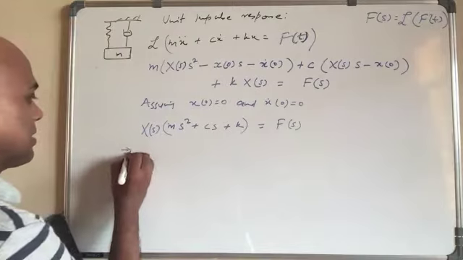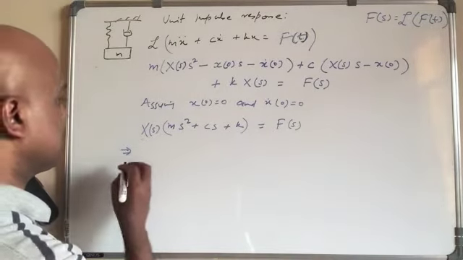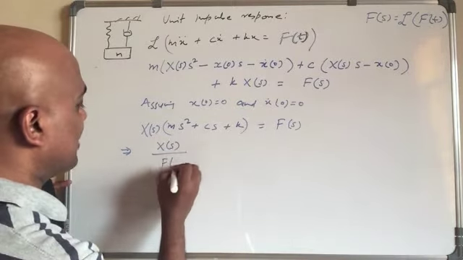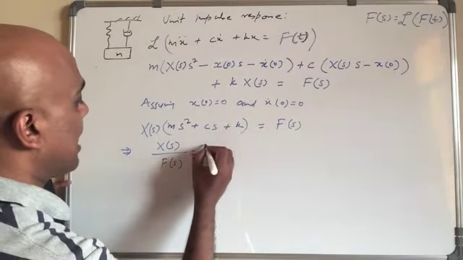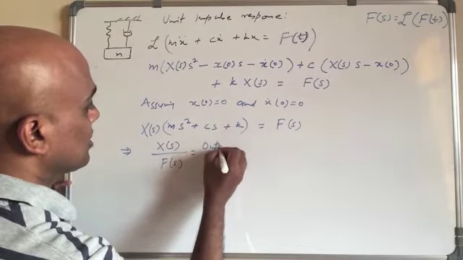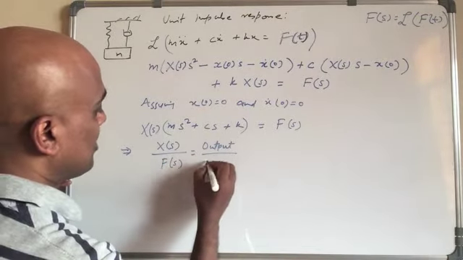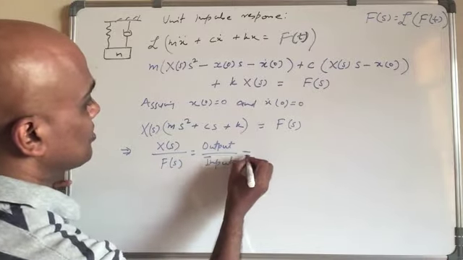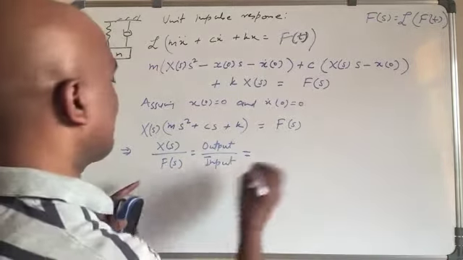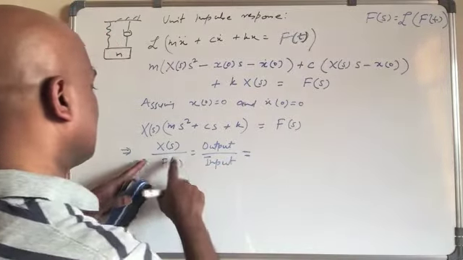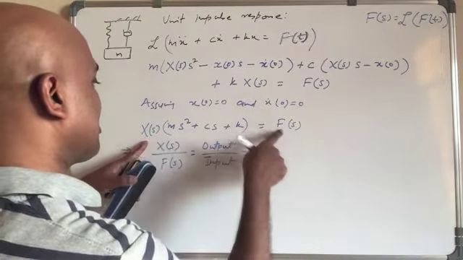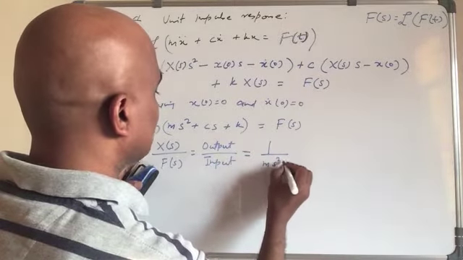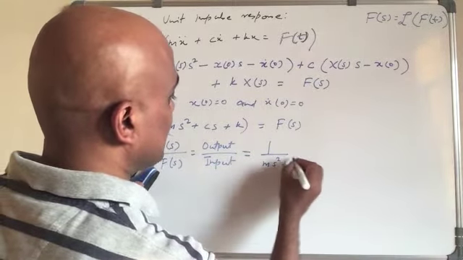So X(s) over F(s), which is output over input, equals 1 over (m s square plus c s plus k).